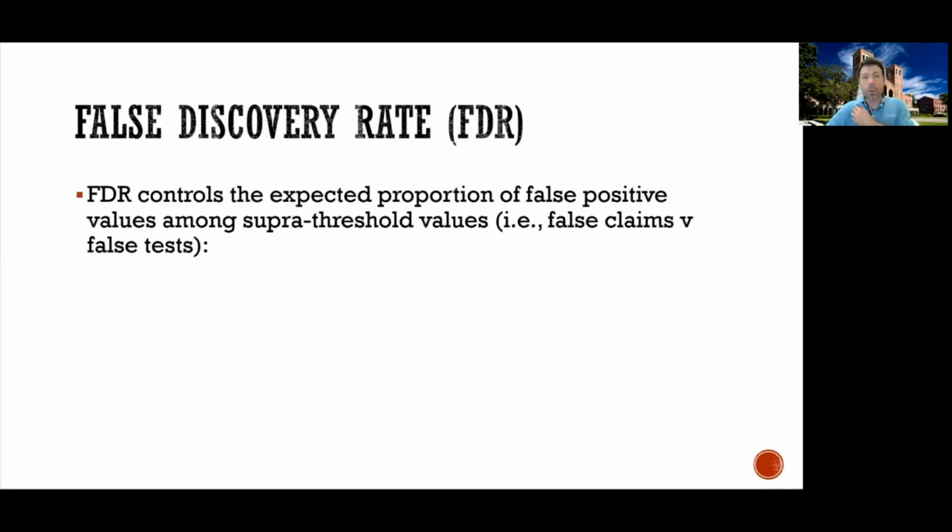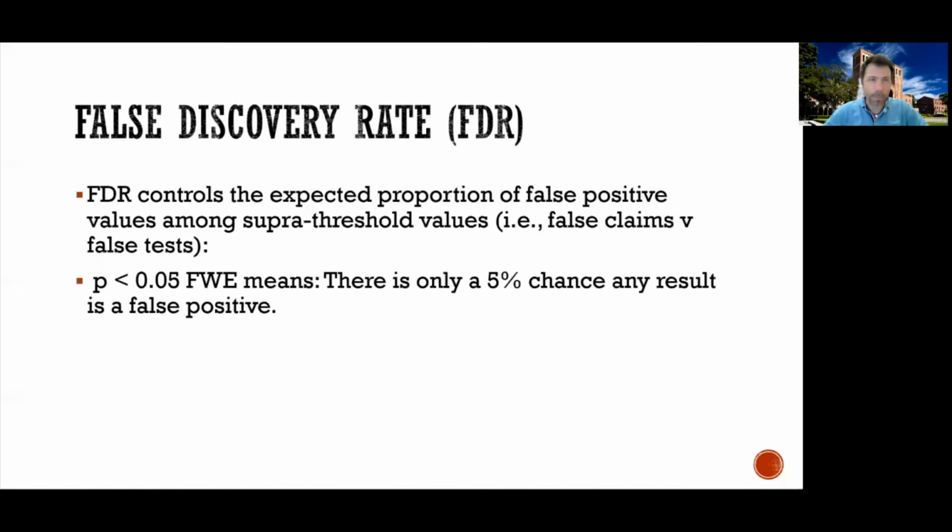FDR controls the expected proportion of false positives among the suprathreshold values, meaning as opposed to controlling the number of false positives among all my tests, it's controlling how many false claims I make. Let me explain it differently.